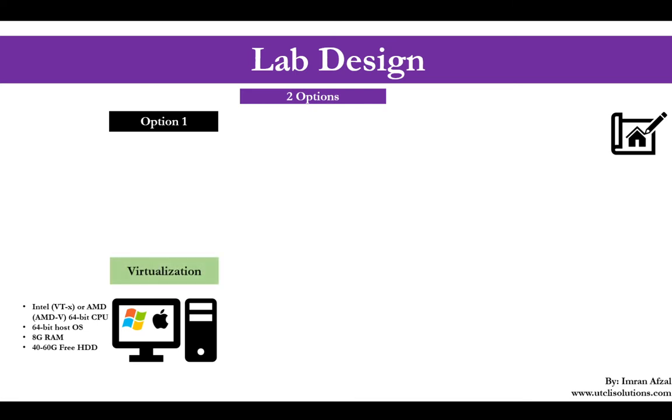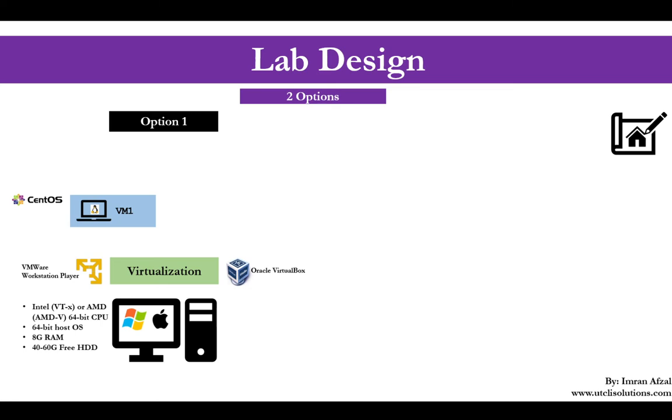Then we will install a virtualization software on top of that operating system. That virtualization software could either be Oracle VirtualBox or VMware Workstation Player. Then we will create a very first virtual machine on that virtualization software, and then we will install Linux operating system.